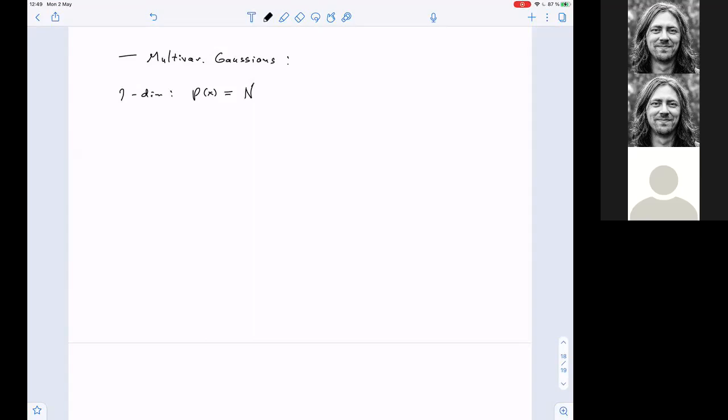So this is a PDF for x, but it is a normal distribution with parameters mu and sigma squared. And then, of course, you all know that you can write this as 1 over root 2 pi sigma, e to the minus (x minus mu) squared divided by 2 sigma squared.